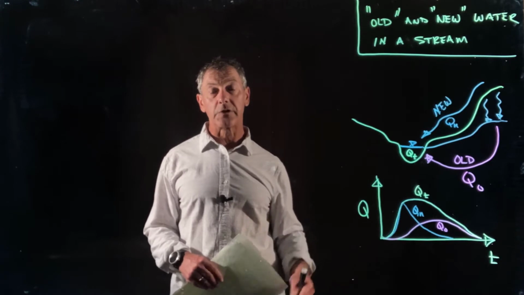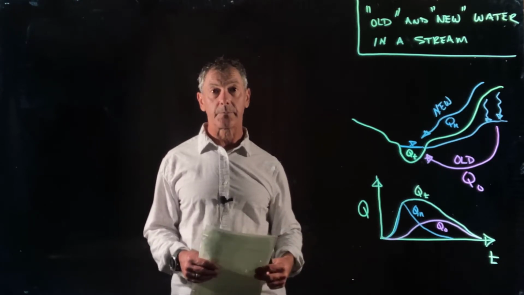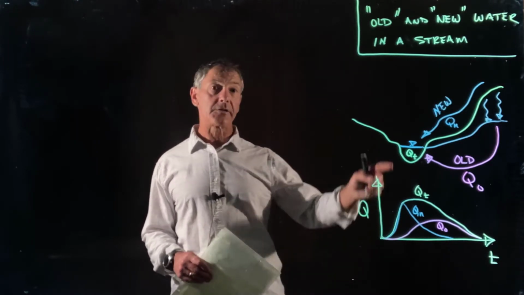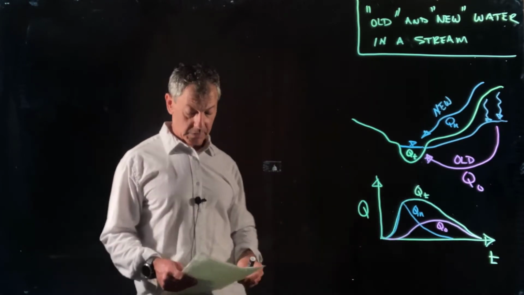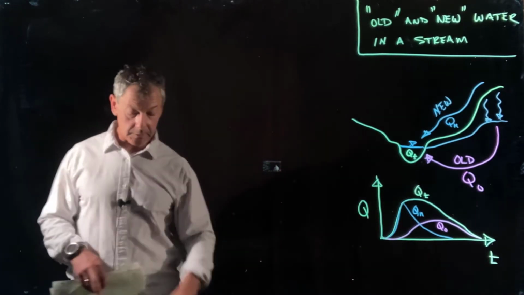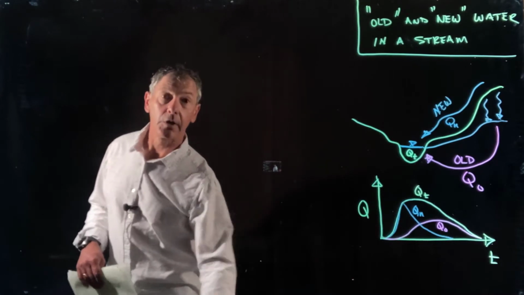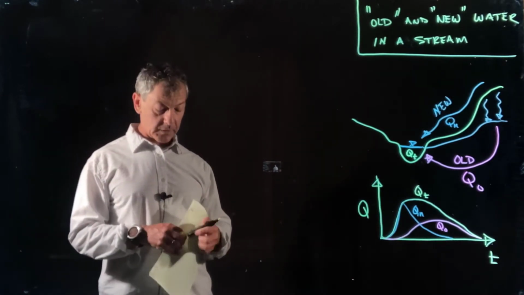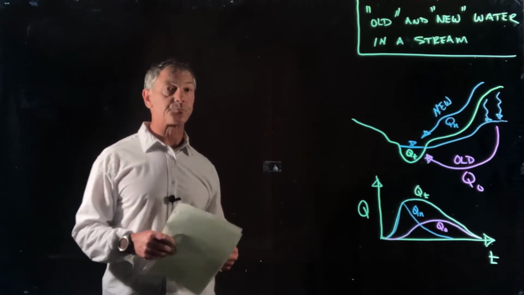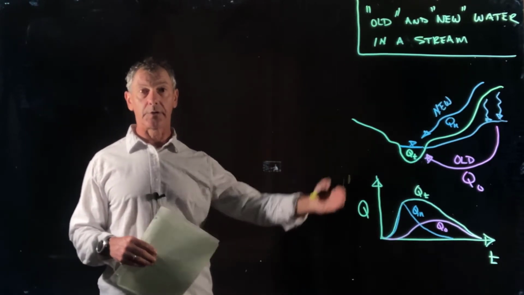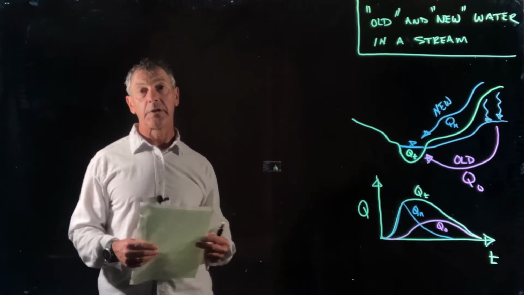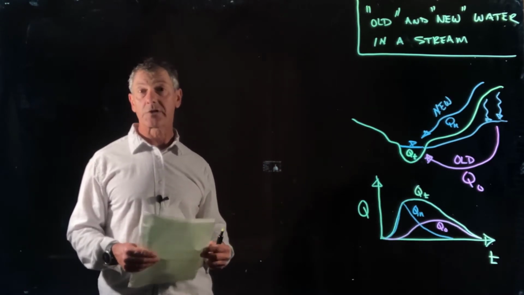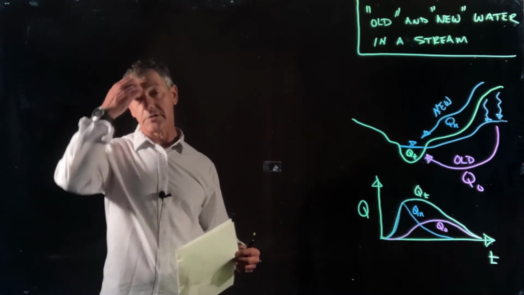So let's see how we can do this with chemistry. We're going to balance both the water flow and the concentration of solutes in that. The concentrations that we're looking at to understand how our water is flowing is called a tracer. And the tracer that we're going to use in this particular case is chloride.